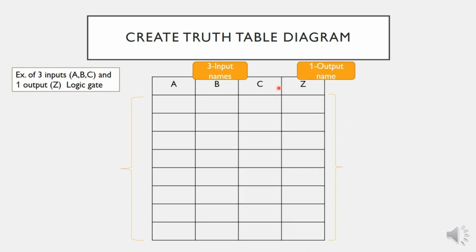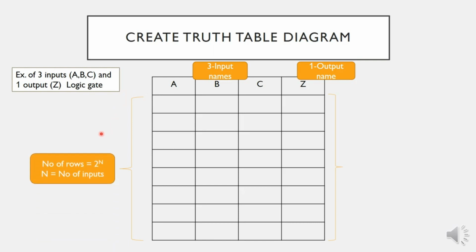And then on the last column on the right, we write down the output name, which in this example is Z.